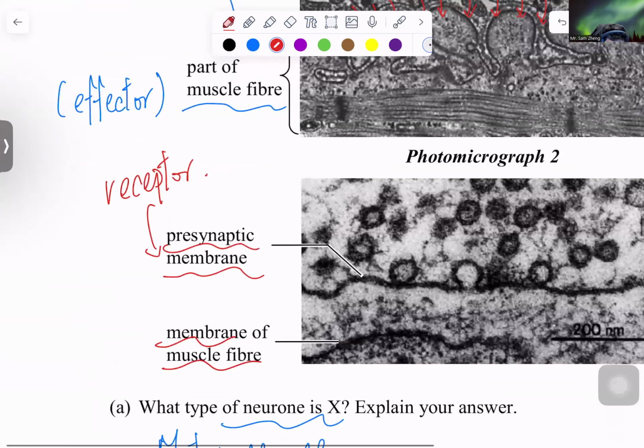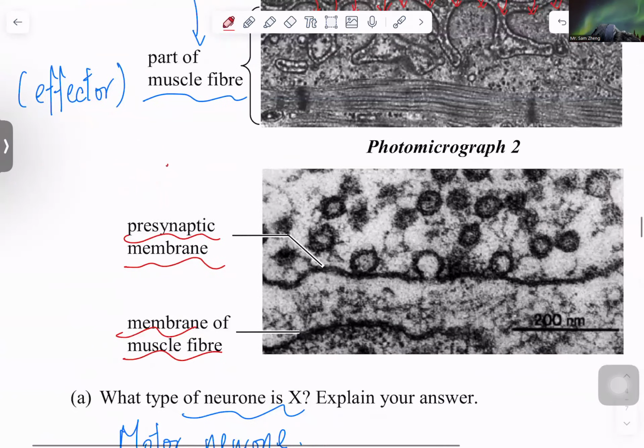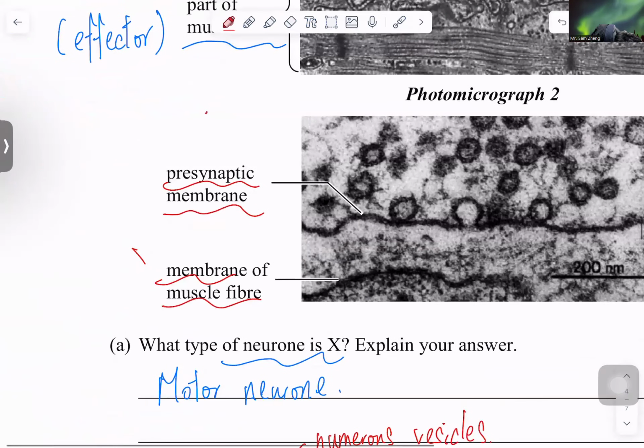However, the presynaptic membrane does not have the receptor. Where will the receptor be located? The receptor is located in the membrane of the muscle fiber.